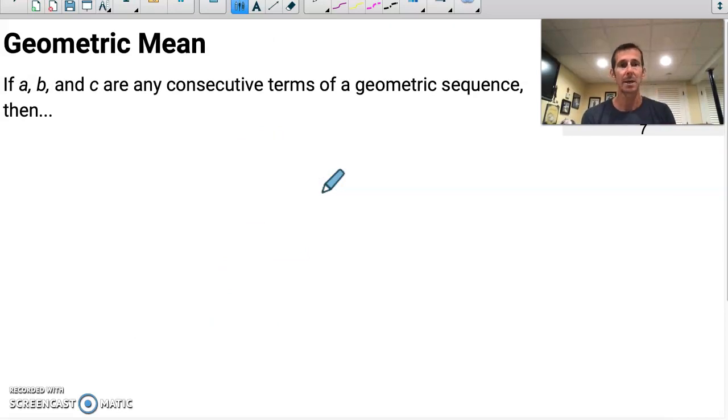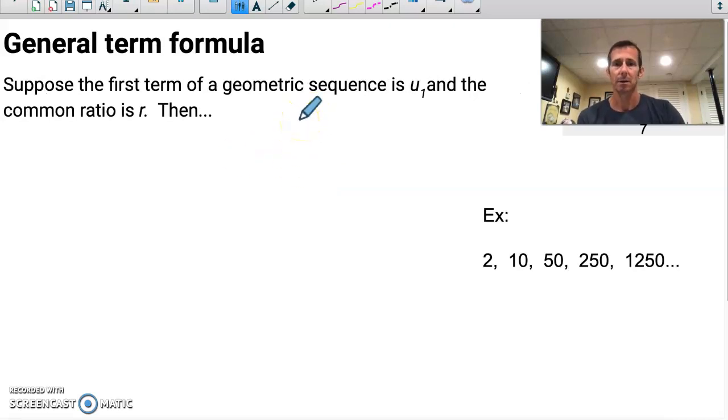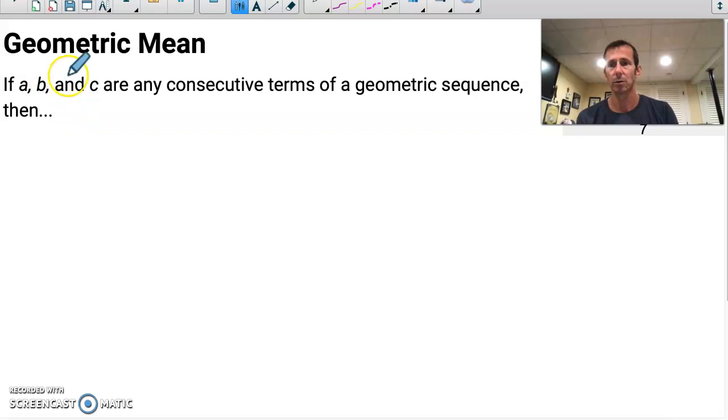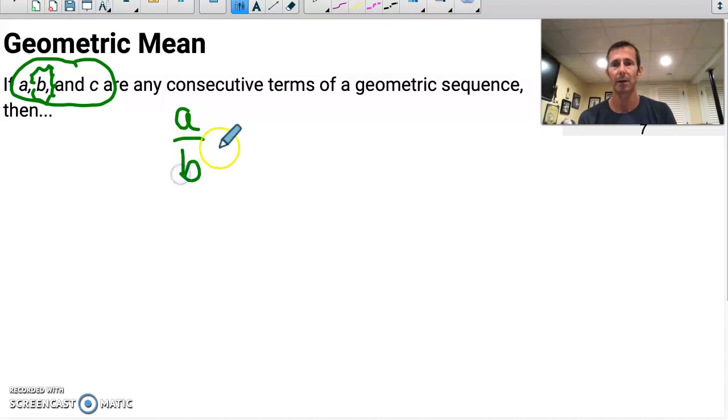The geometric mean, which you learned about in geometry, is this: take these three values, and if they are consecutive terms of a geometric sequence, the geometric mean, which is the one in the middle, happens when A compared to B equals B compared to C. This is what you learned in geometry at some point, maybe.